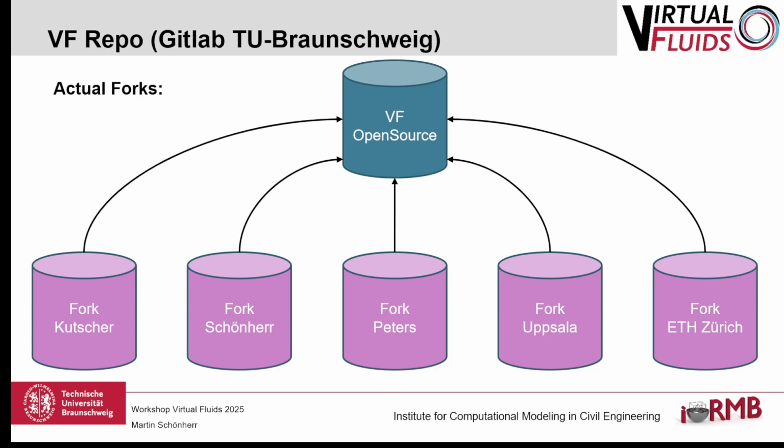Then our beloved colleagues from Uppsala have their own fork. There's a lot of additional implementation on this fork, and I guess we will continue with this. So Henry is now a friend because he always helps me to implement something.